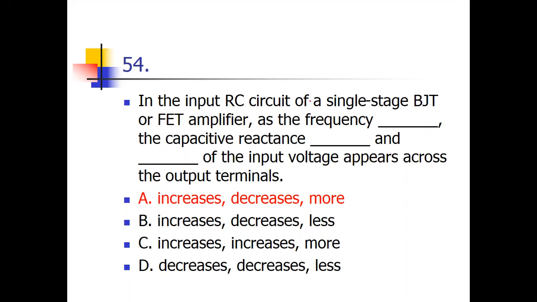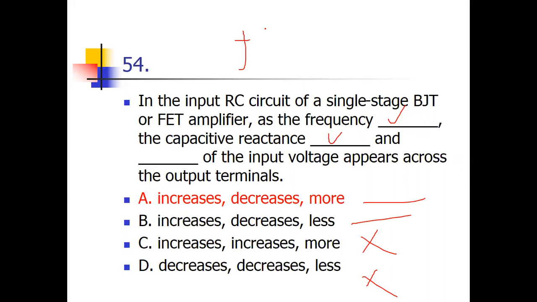In the input RC circuit of a single stage BJT or FET amplifier, as the frequency increases or decreases, the capacitor's reactance increases or decreases, and more or less of the input voltage appears across the output terminal. Remember, these two portions are opposite in nature: increase, decrease, or decrease, increase, but both should not be the same.